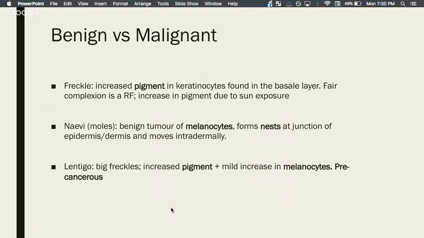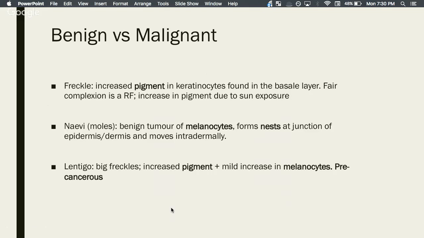So in terms of differentiating between freckles, nevi, and lentigo, freckles are basically increased pigment in your keratinocytes in your stratum basale. It tends to affect people with fair complexions and increases in pigment due to sun exposure.